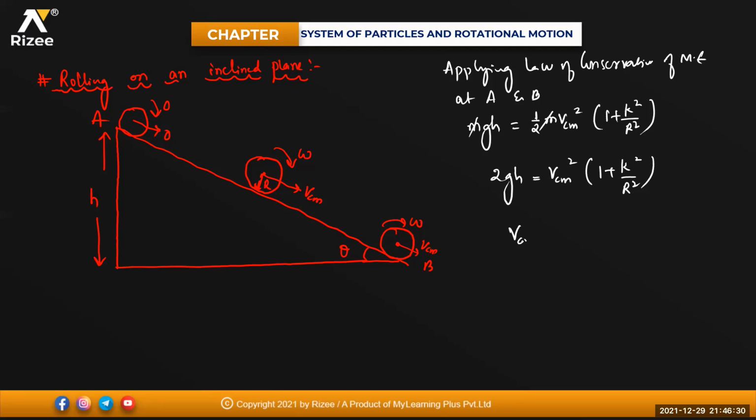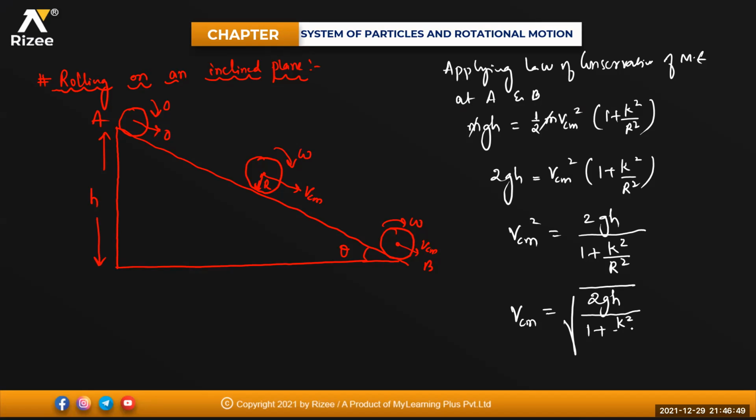So from this, VCM square is equal to 2g into h divided by 1 plus K square divided by R square. That means VCM will be equal to under root of 2gh divided by 1 plus K square by R square. So this is your VCM.